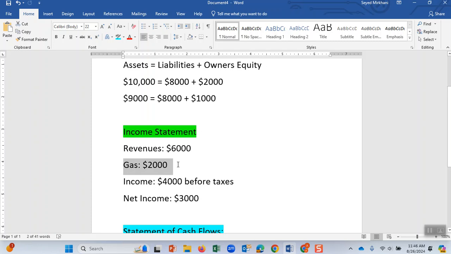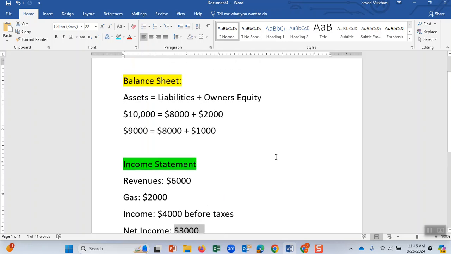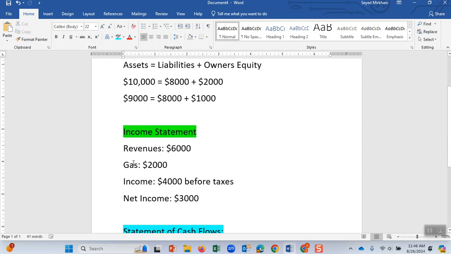Imagine that he or she has $2,000 in expenses. Therefore, his or her income is $4,000 before taxes. Then if he or she pays $1,000 in taxes, the net income is $3,000. Income statement is very important because you always want to know how much income you had every year, every month, or every day.